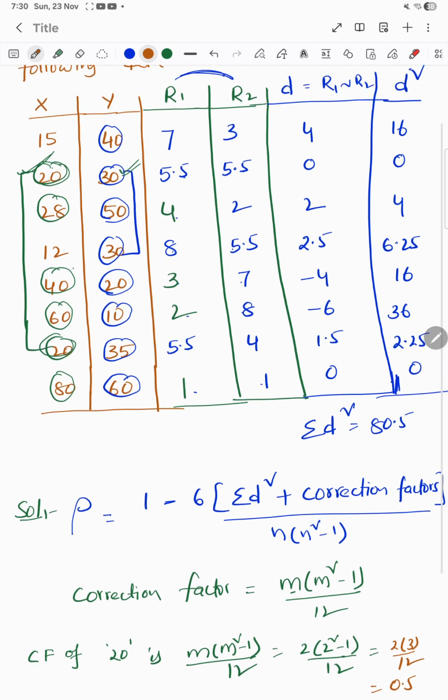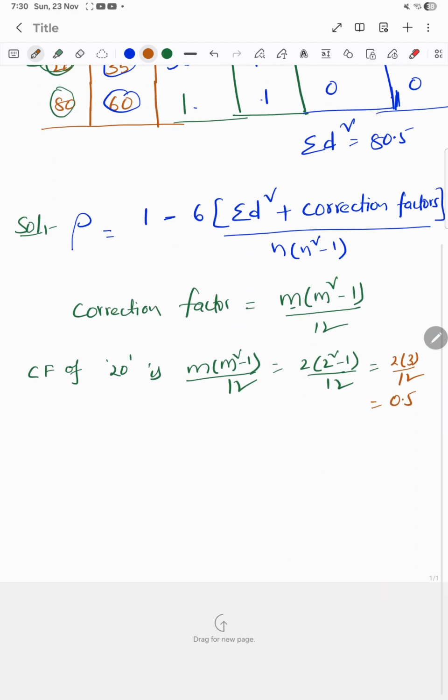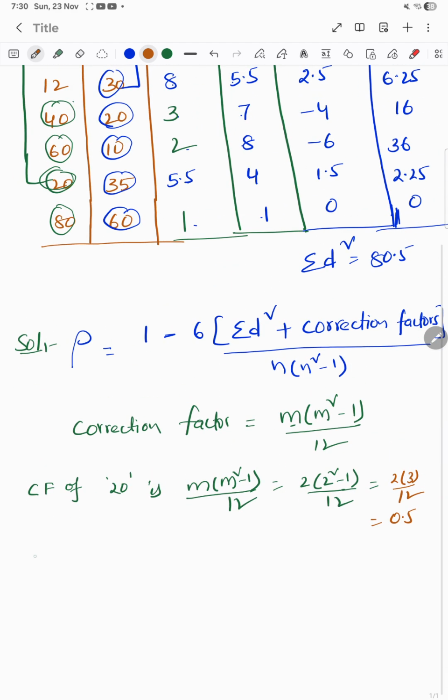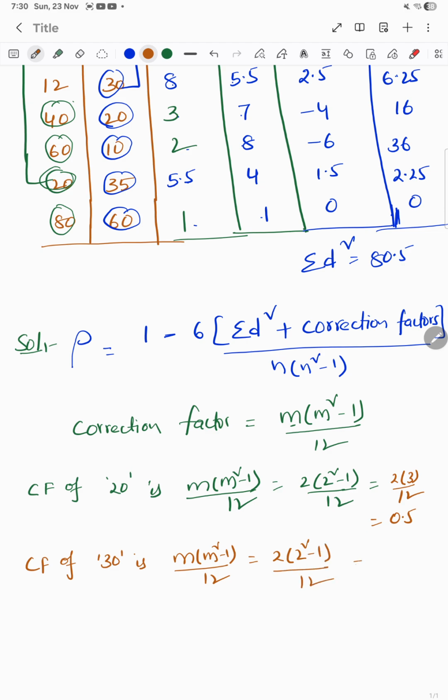Similarly for 30, 2 into 2 square minus 1 by 12 gives 0.5. So this is one correction factor, and this is another.